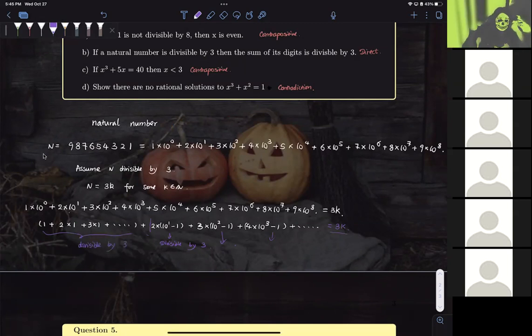You don't reverse it. You move this side to the other side, so it becomes 3k minus a bunch of numbers that are divisible by 3. So this should also be divisible by 3. And this is basically the sum of its digits. Do you see?